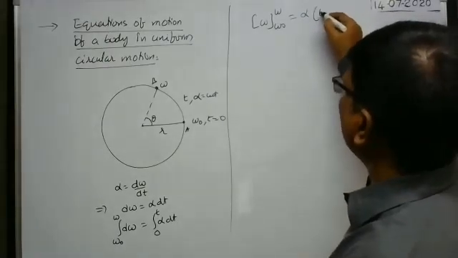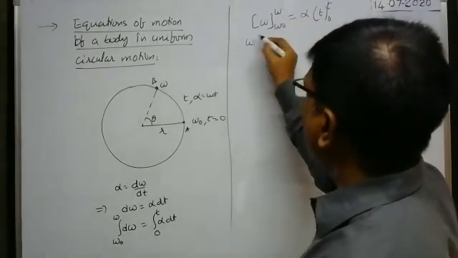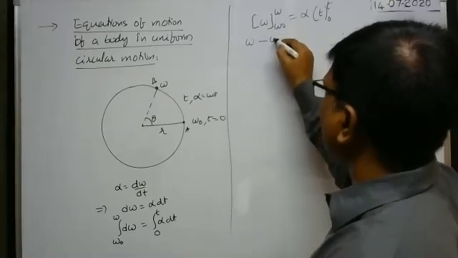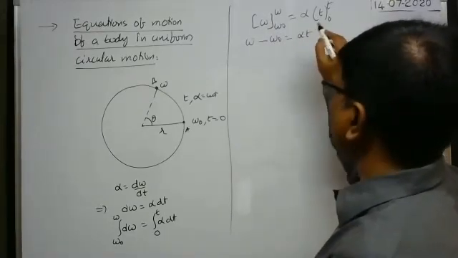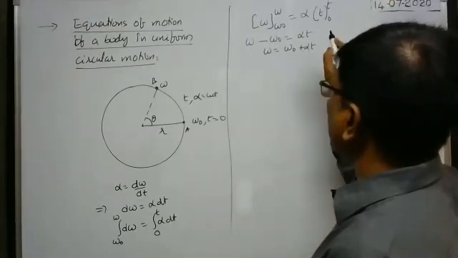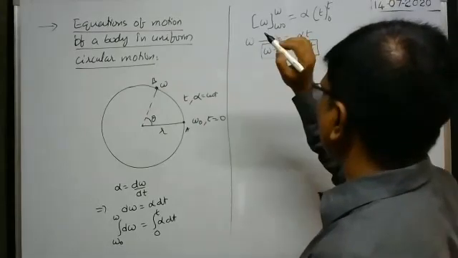Integral of dt means t, limits 0 to t. First you substitute the upper limit, omega. Before substituting the lower limit, you put a minus sign. Instead of omega, you substitute omega naught. So omega minus omega naught is equal to alpha into t, or omega is equal to omega naught plus alpha into t. This is the first equation of motion.